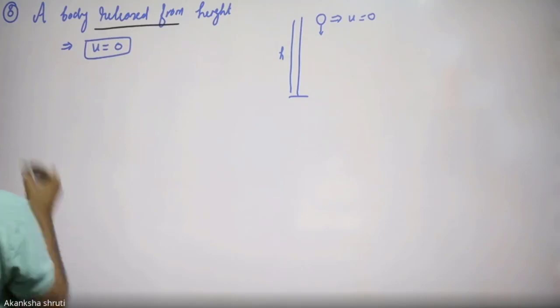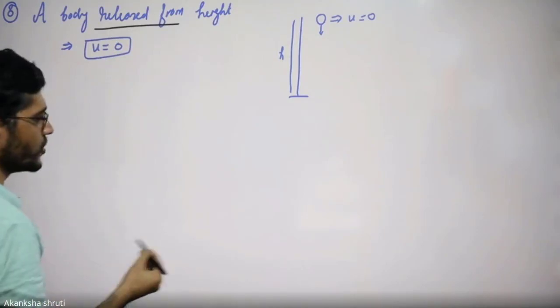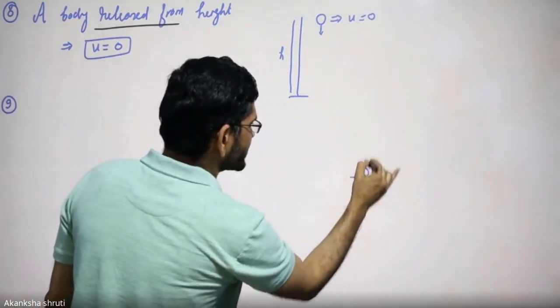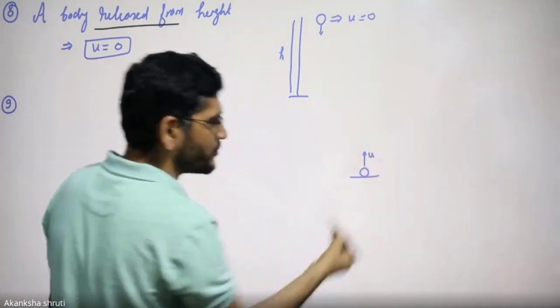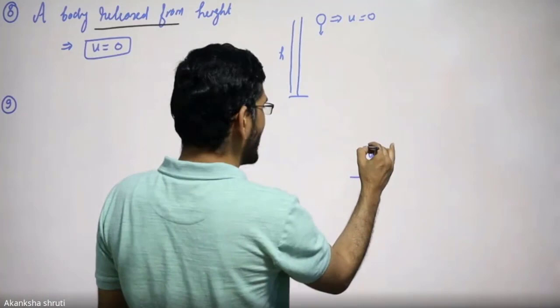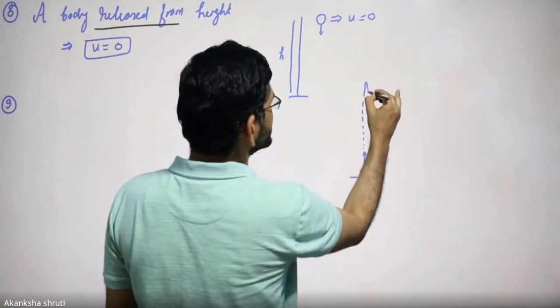Now the ninth one is related to when the body is thrown upward. For throwing the body upwards, surely you have to give some initial speed. While it is moving on this path, it will surely return back.